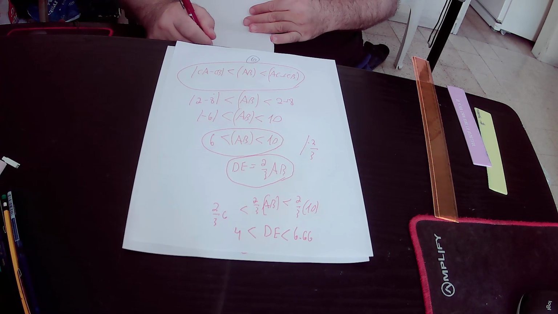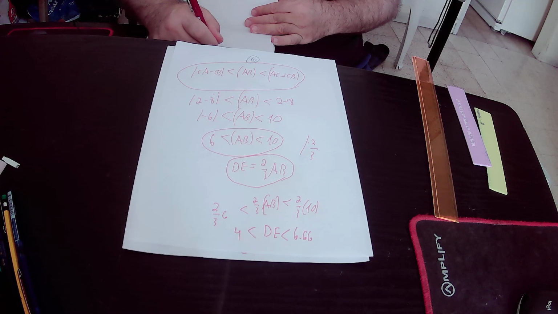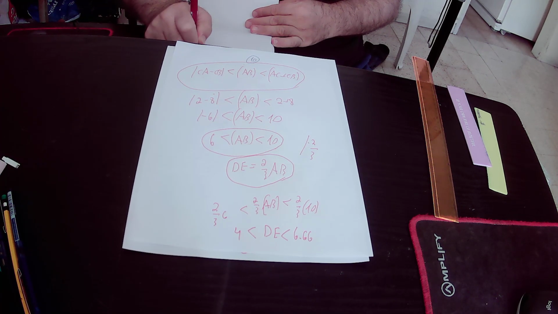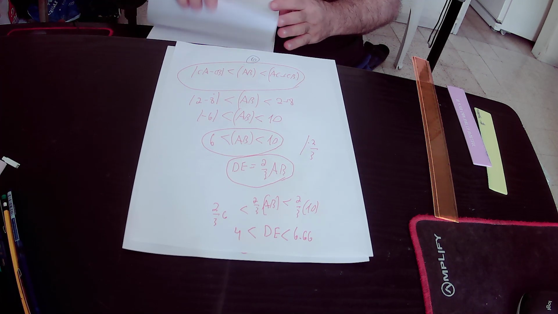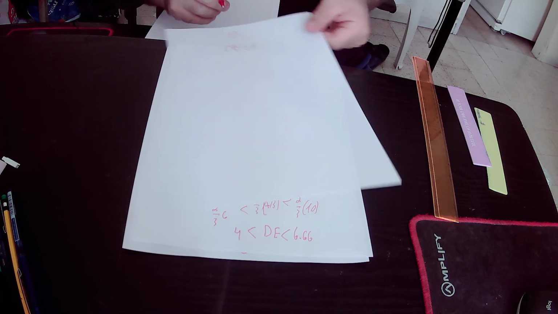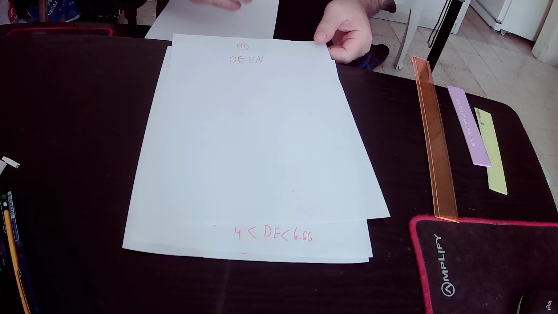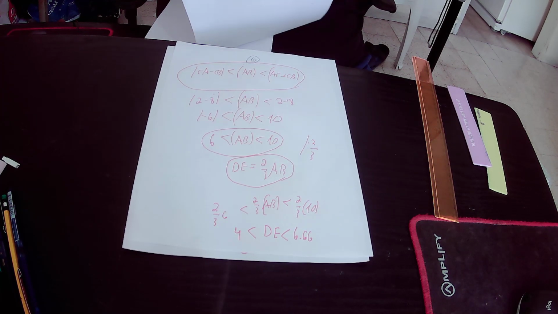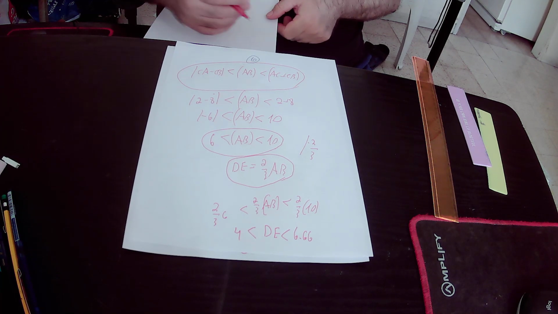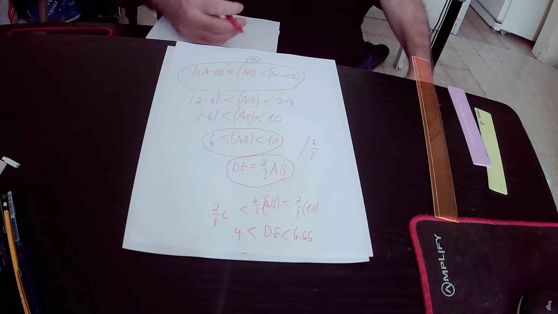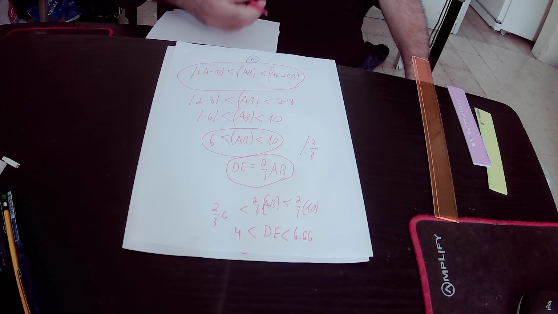But we also know it is given in the question that DE belongs to the natural numbers. That is to say, DE is a natural number. So which natural numbers are greater than 4 and smaller than 6.66?